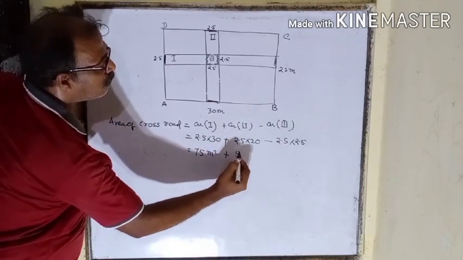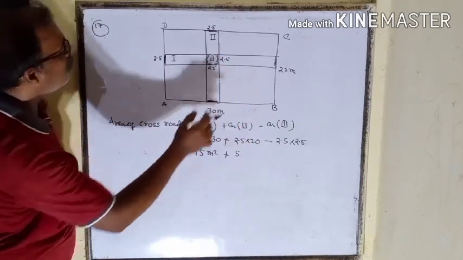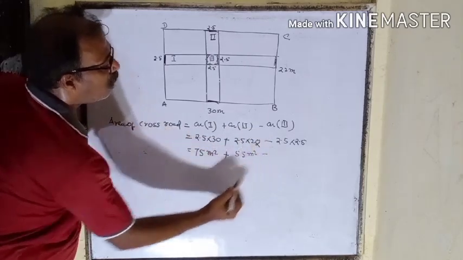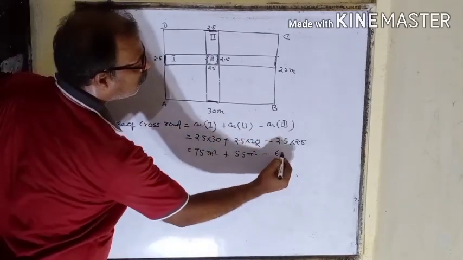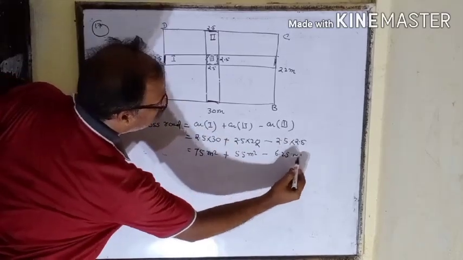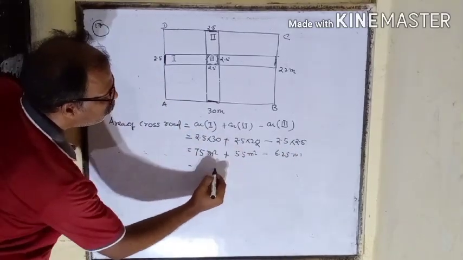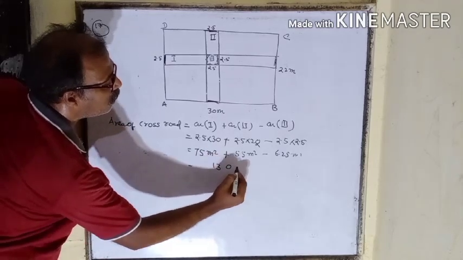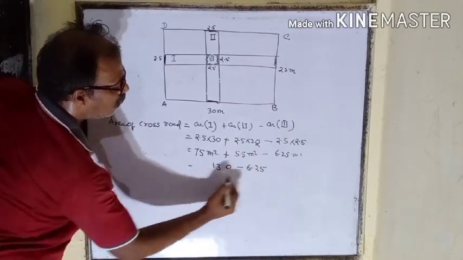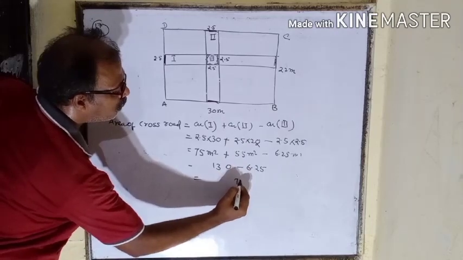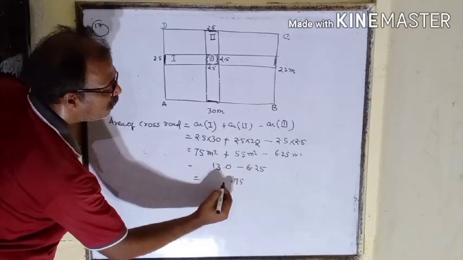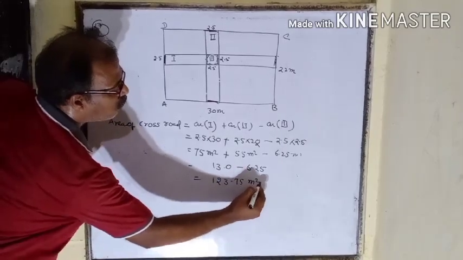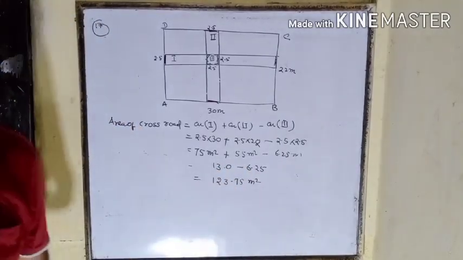This is 55 meters square, and this will be 6.25 meters square. 75 plus 55 is 130, minus 6.25. So it is 123.75 meters square, and that will be the area of the crossroads.